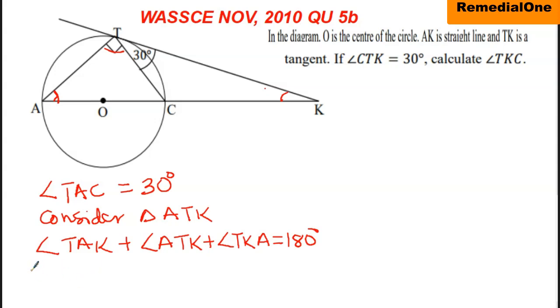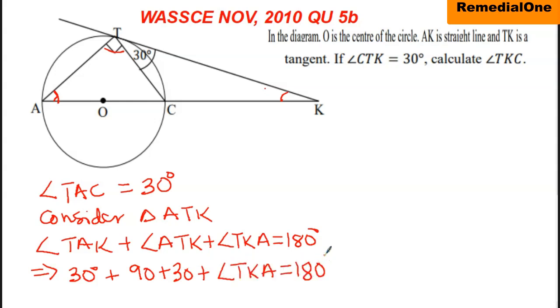So this implies that 30 degrees, that's angle TAK, plus angle ATK, 90, plus angle TKA is equal to 180 degrees. We can add these angles, and when we do that, we have 150.